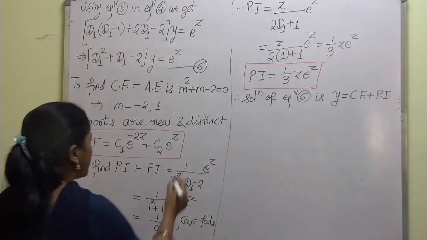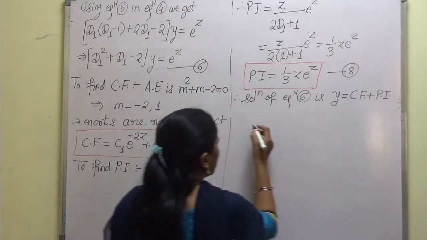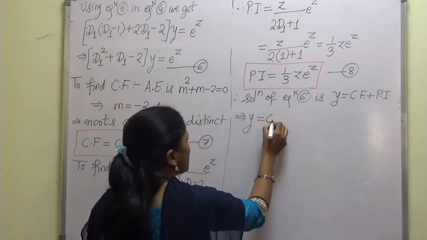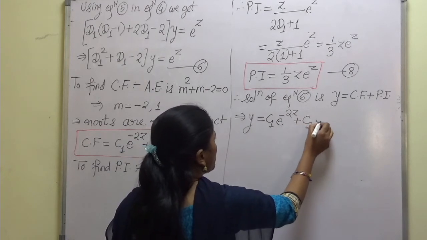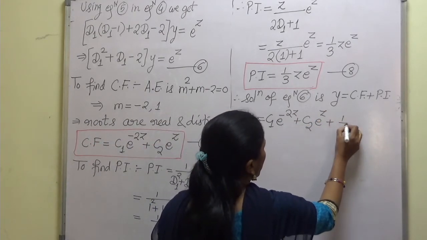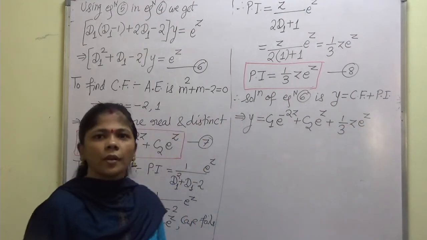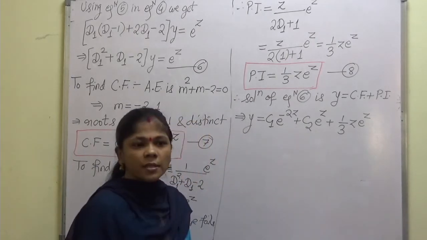Let us call these 7 and 8. So y is equal to C1 e raised to power minus 2z plus C2 e raised to power z plus 1 by 3 times z e raised to z.